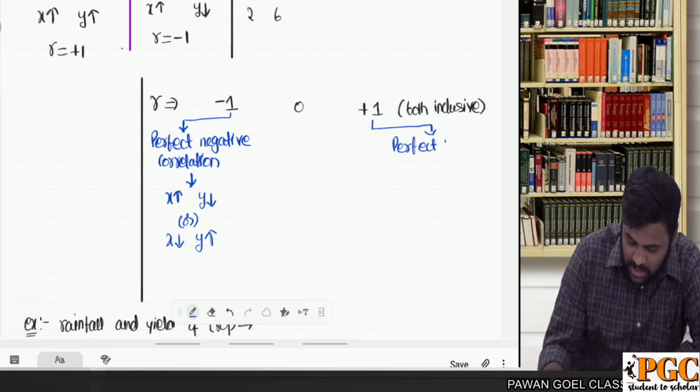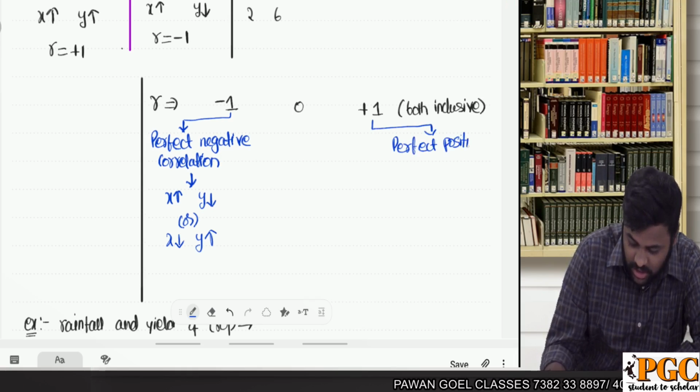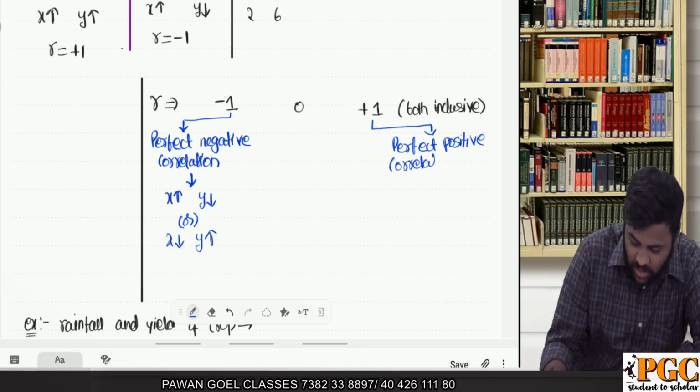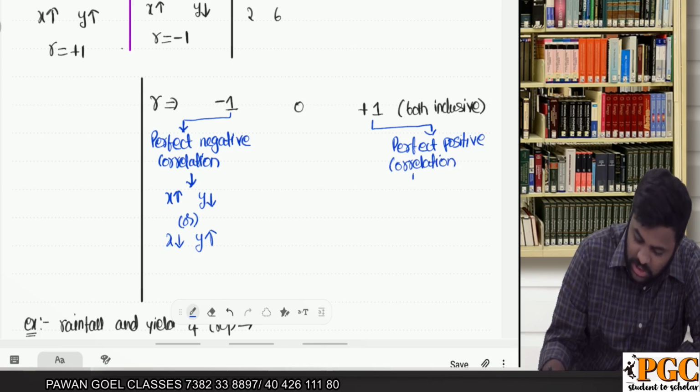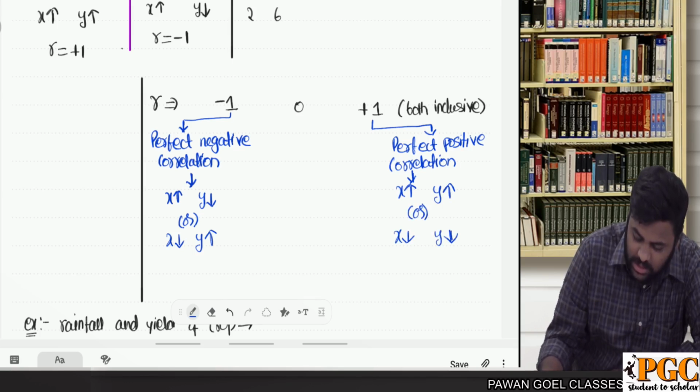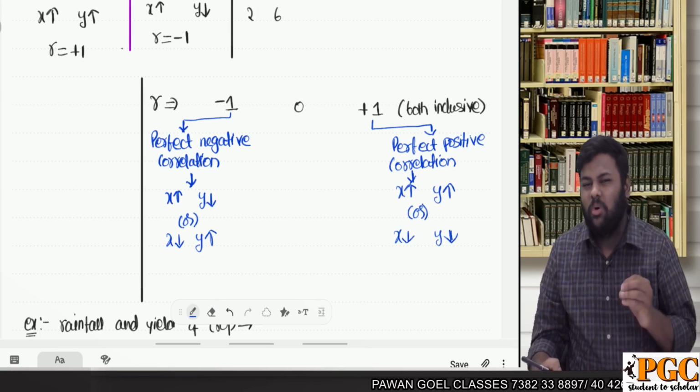Perfect positive correlation means x is increasing and y is also increasing, or x is decreasing and y is also decreasing.